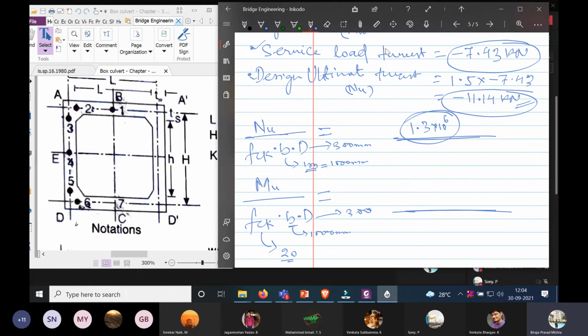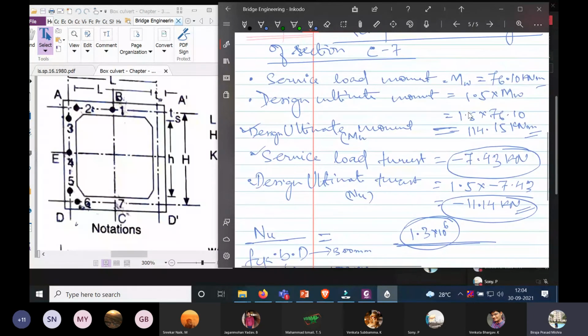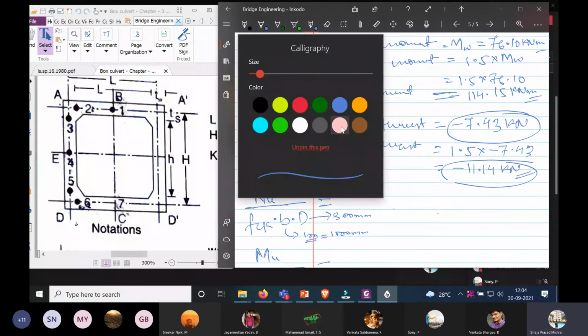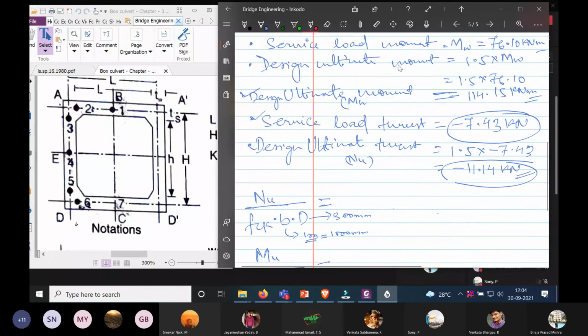At least tell how we will calculate this value, if you don't know the exact value. So what is the value of NU?